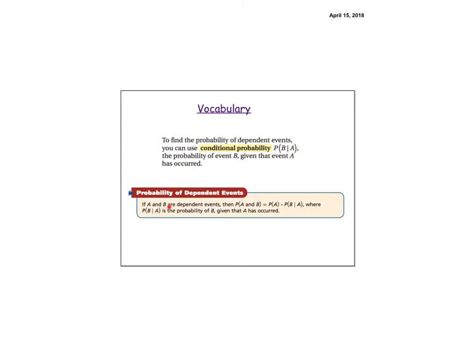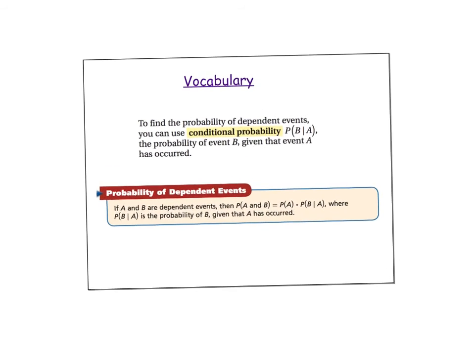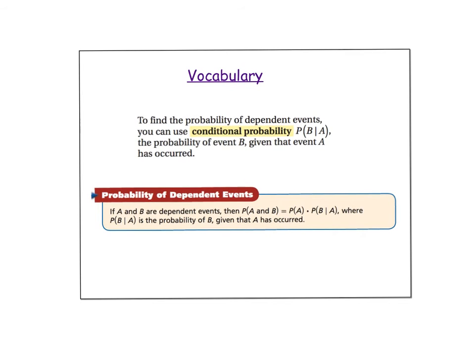So if A and B are dependent events, then P(A and B) is equal to the probability of the first thing happening times the new probability of the second thing happening, depending on what the first thing did actually happen. It might sound a little bit confusing, but it's much easier if you look at these with examples.